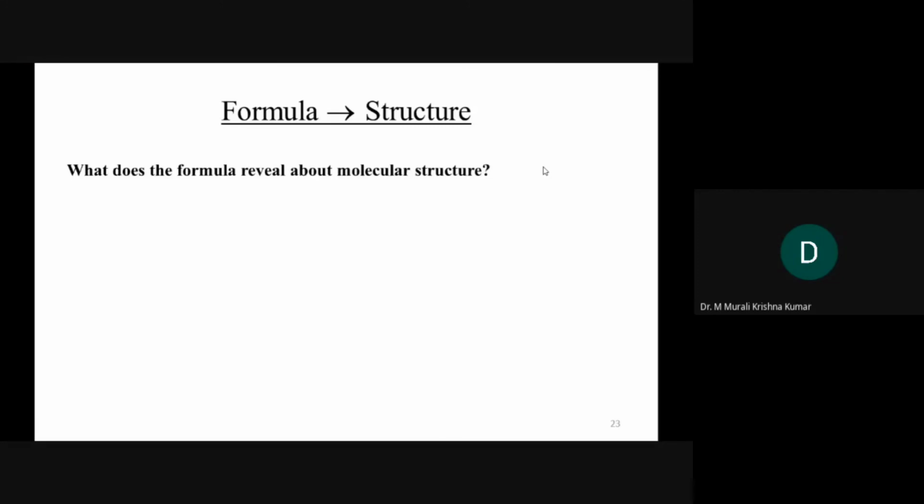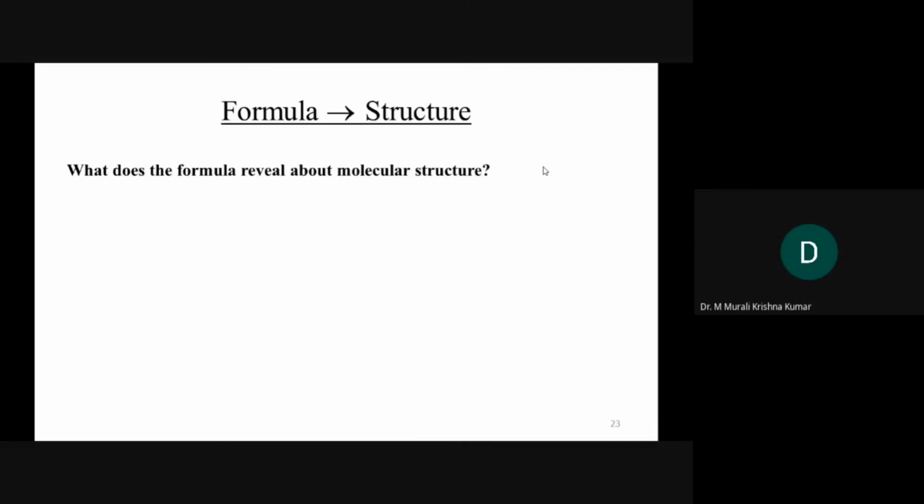We apply these to obtain reasonable molecular formulas, which can be corroborated by data from other spectroscopy techniques like IR, NMR, etc.